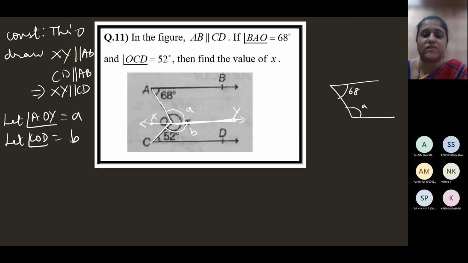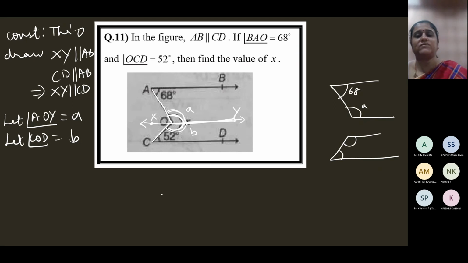They're supplementary, so you can find the measure of angle A. Similarly, 52 plus B: parallel line, transversal, parallel line. Here you have B, and this is 52. B plus 52 is equal to 180, co-interior angles are supplementary. So you'll find B. Now that you found A and B, add A and B to find the value of X, because X is this full angle, which is A plus B. That's one way of working.